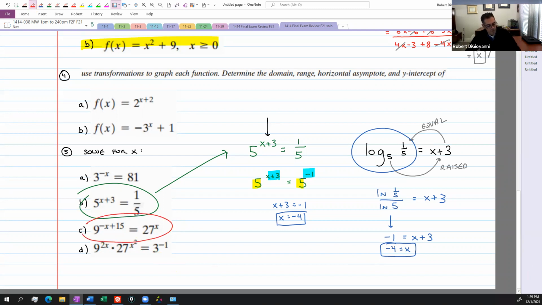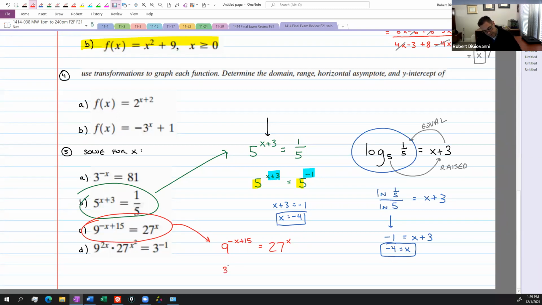Now this one, same thing. There's an easy way and a hard way. The easier way is to realize that both of those numbers, 9 and 27, are powers of 3. Okay, they're both powers of 3.